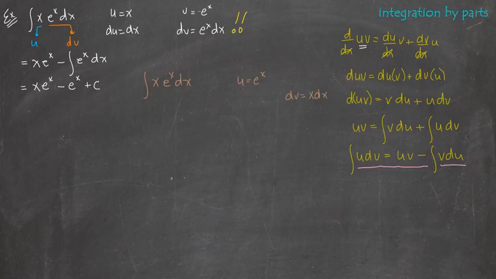Then differentiating u, I get du equals e to the x dx, and v, working backward, anti-differentiating, I get x squared over 2 for v. Now when I plug it all back in, u times v, x squared over 2 times e to the x, minus the antiderivative of v du, x squared over 2 times e to the x dx.